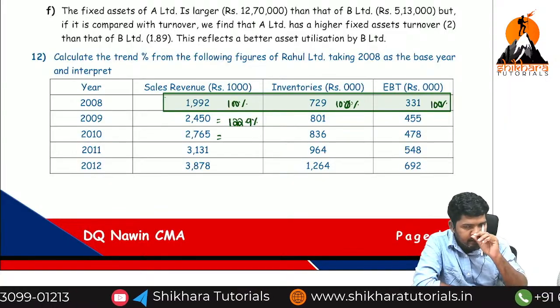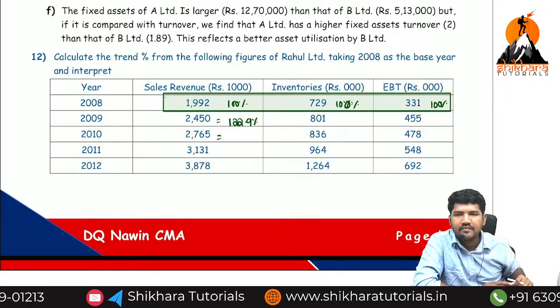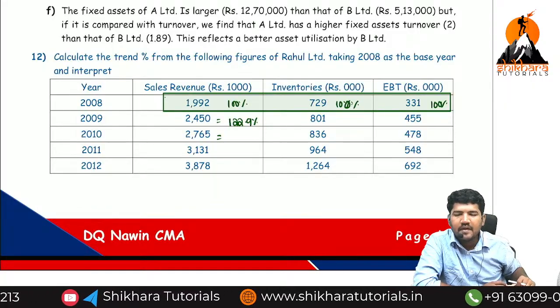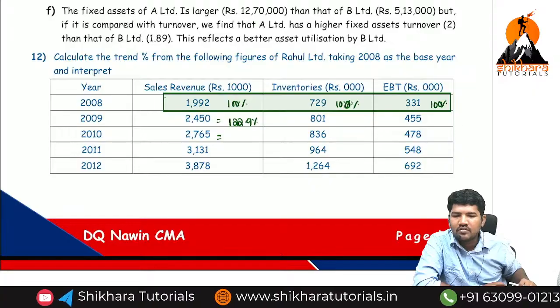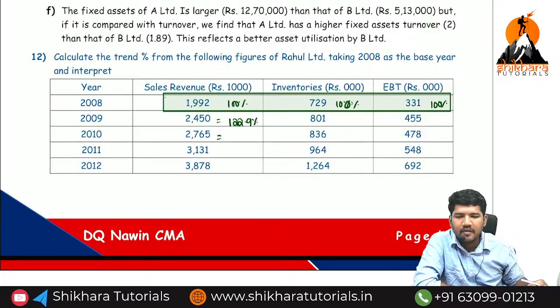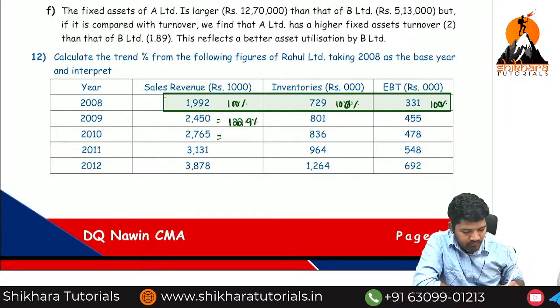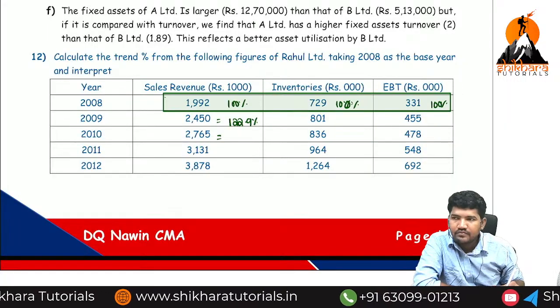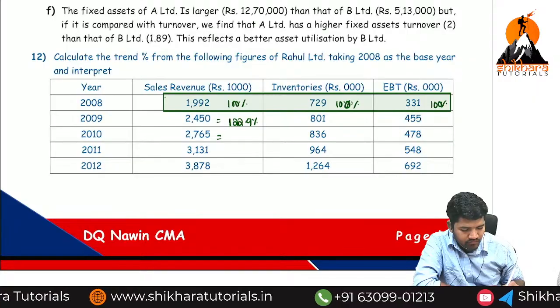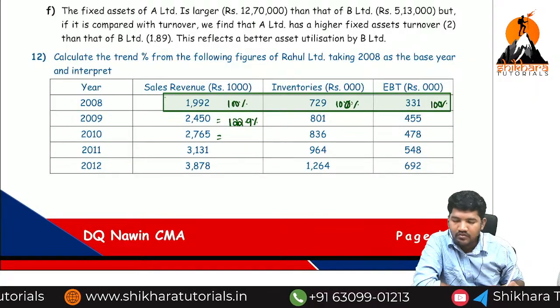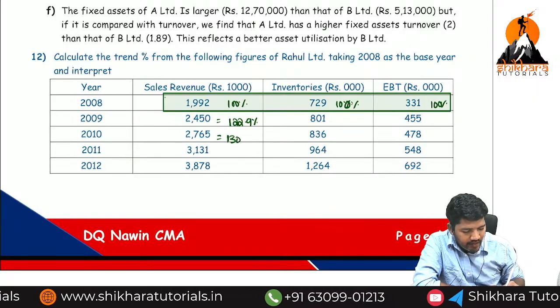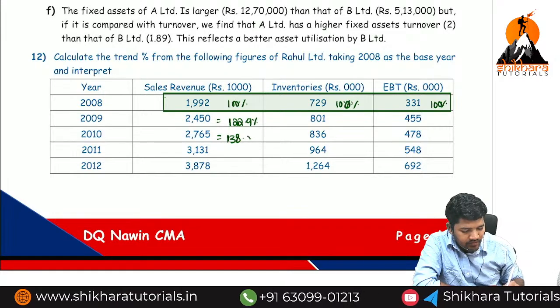Current year 2765 divided by base year. What is the base year? The sales value 1992 into 100. Answer: 138.80.